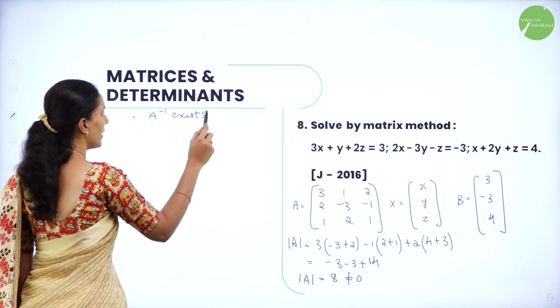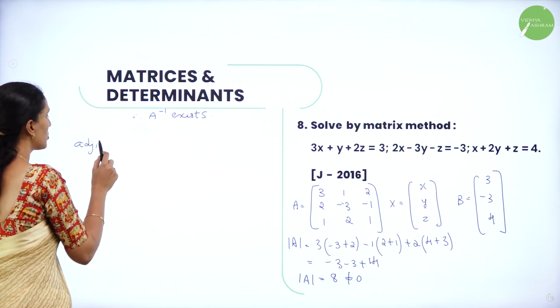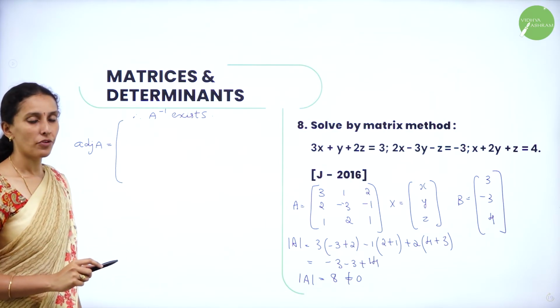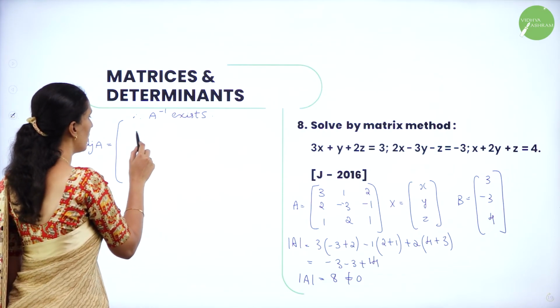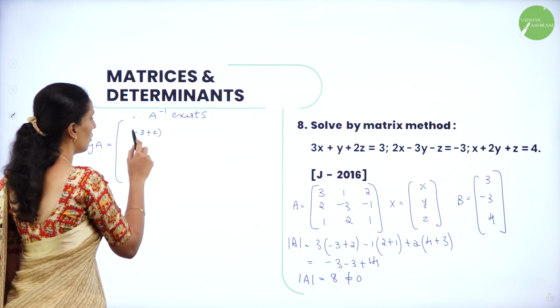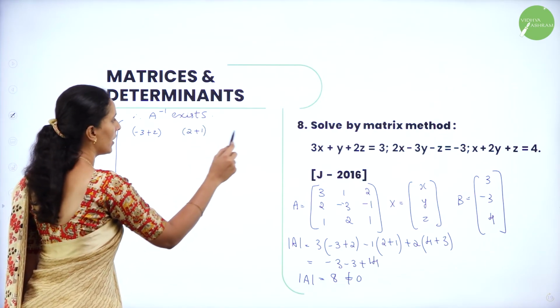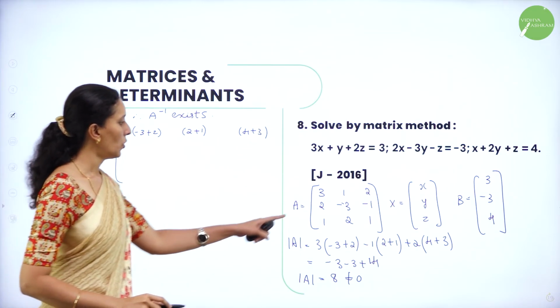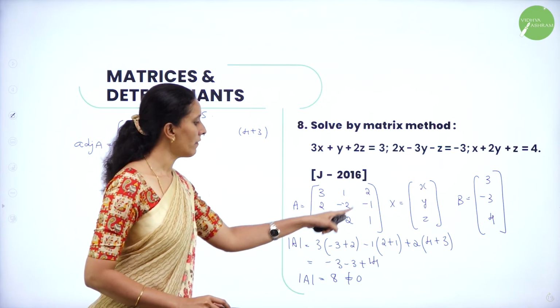So once you find A inverse exists, the very next step is we need to find out adjoint. So that is the transpose of the cofactor matrix. So let us write the minors here first. Minus 3 plus 2. For the first 3 terms we have already got 2 plus 1 and 4 plus 3. Next, for the next one here, delete the column, delete the row. 1, 1s are 1 minus 4.